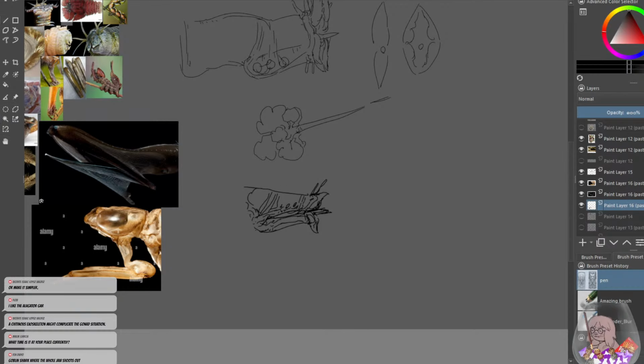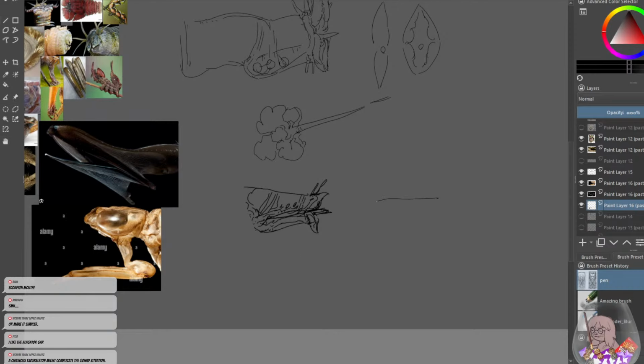You know, I don't want the spike to just be still. I want it to push out of the front of the face. Yeah, how would I do that? Yeah, I do like.